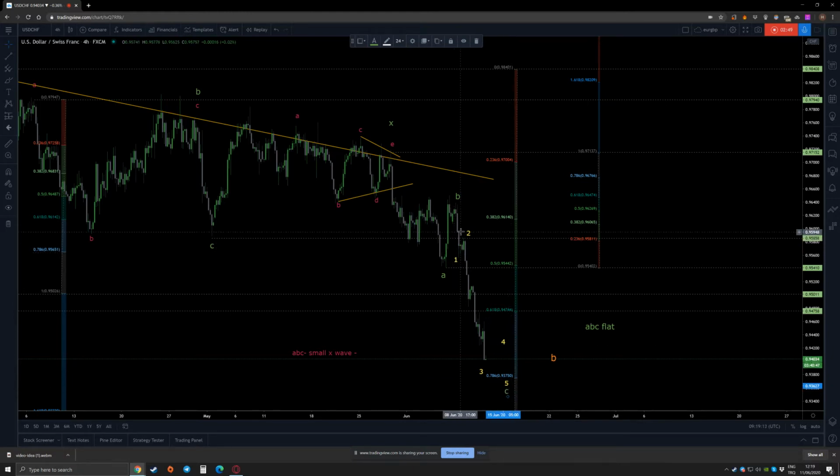Now, if I can put 1, 2, 3, 4, 5 and C wave here, what I want to know is if this A, B, C, as you know, is part of this complex correction, will be over here or no, okay? Because if it confirms this price action, our trade, then we can safely say that wave B is done here, and we will be looking for a wave C to the upside.